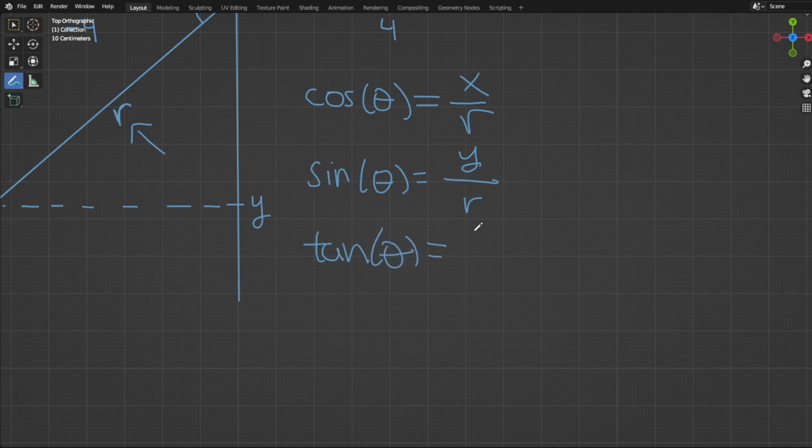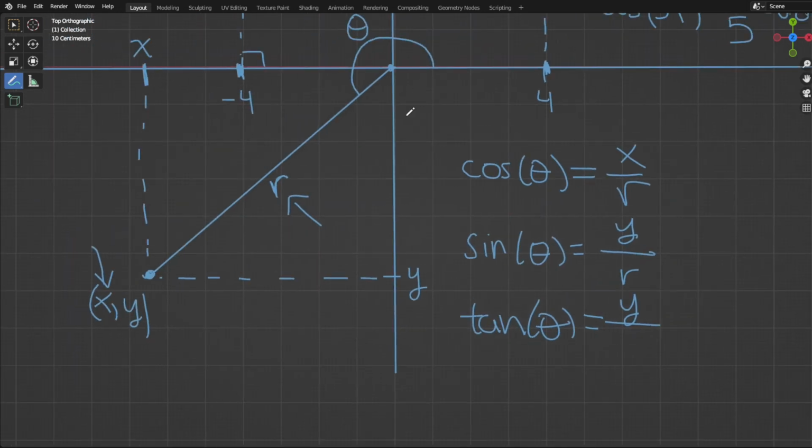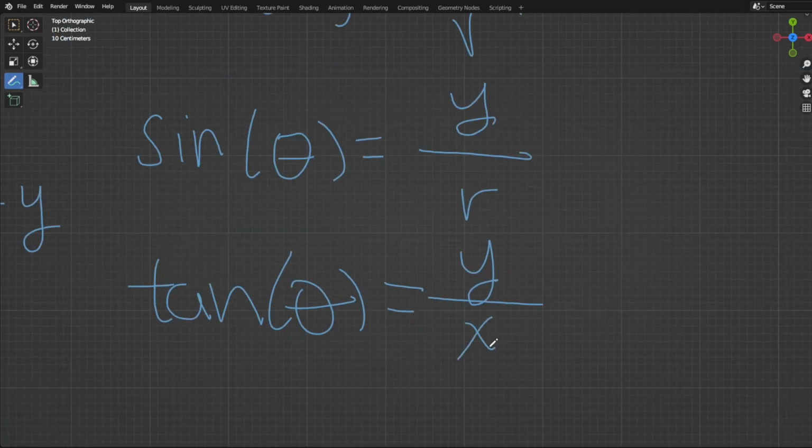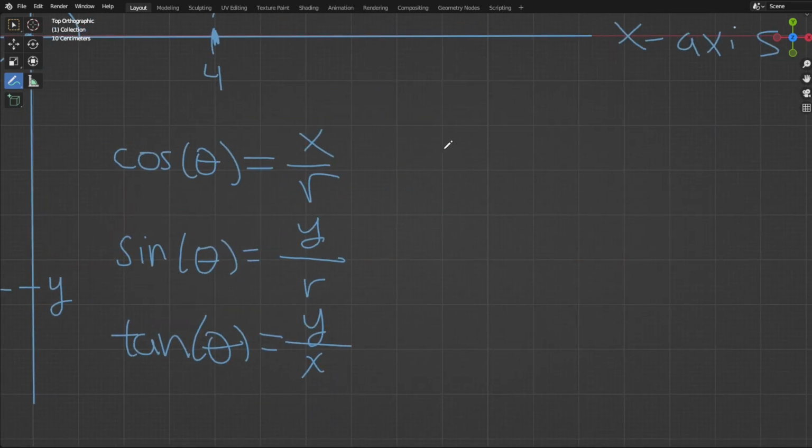And then the tangent is equal to, I think it's the opposite. Well, yeah, if we want to go consistent, it would be the opposite over the adjacent again, but we'll just use direct coordinates instead. And then we could also have the secant of theta equaling sort of this ratio inverse.